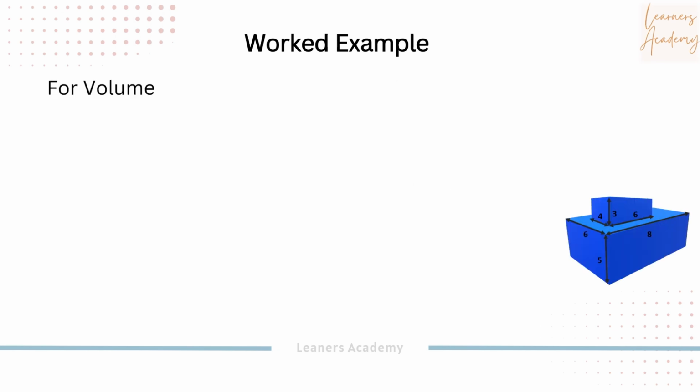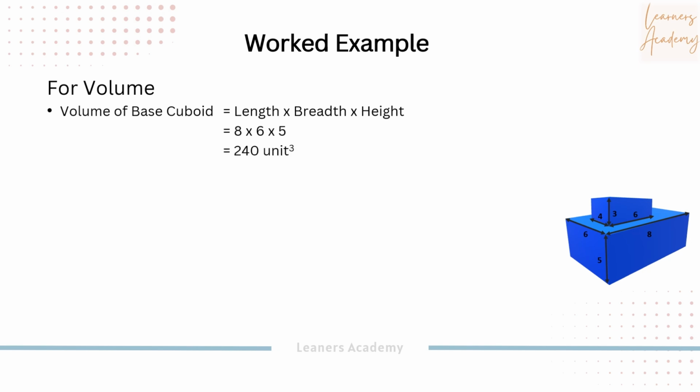Shown on the screen is a composite shape made up of two cuboids with dimensions as shown. For the volume of the shape, we would add up the volumes of both the cuboids. For the volume of the base cuboid, which is length into breadth into height, we put in the values and it comes out to be 8 into 6 into 5, which is 240 cubic units.